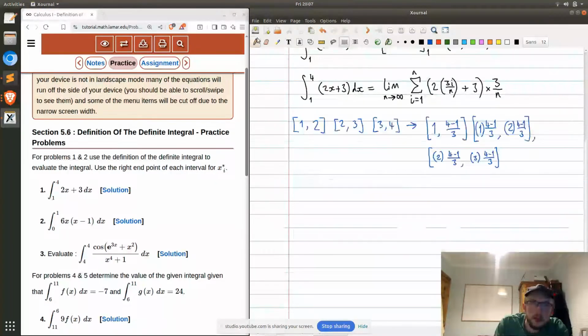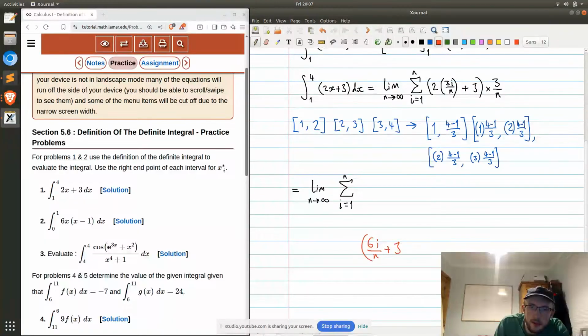Okay, so all right, so that's the limit as n approaches infinity of the sum of i equals 1 to n. So let's see. Okay, that'll be 6i over n plus 3.